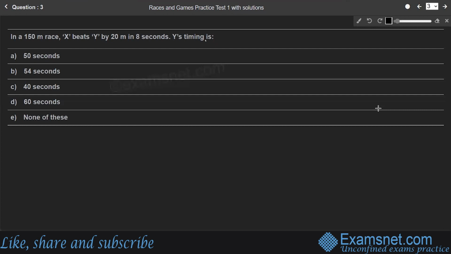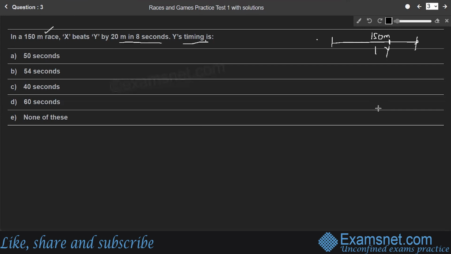Question number 3. In a 150-meter race, X beats Y by 20 meter in 8 seconds. Y's timing is? So students, in a 150-meter race, we'll consider the total distance as 150 meter. X beats Y by 20 meter. So here the distance covered by Y is 150 minus 20.